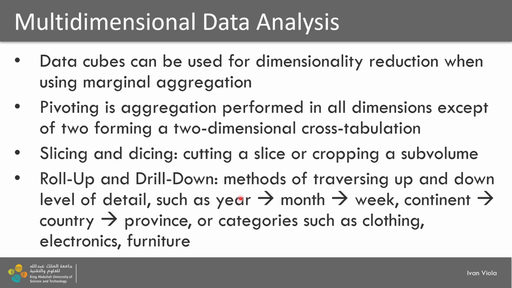It works well for temporal variables, but also for spatial ones: we can have continent, country, province, maybe city, different levels of the spatial attribute across which we can perform roll up and drill down. It can also be done for categories of things sold in shops, like clothing.